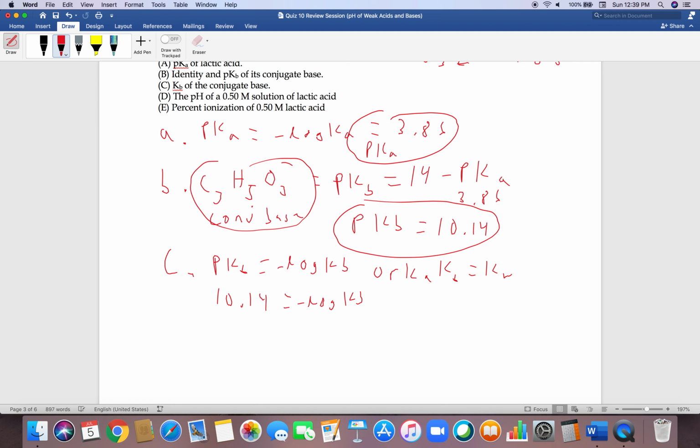So the Kb would equal 10 to the negative x, where x equals the pKb. So the Kb would equal 7.25 times 10 to the negative 11. You could check that this is right by doing the Kb times the Ka, and you should get the Kw.